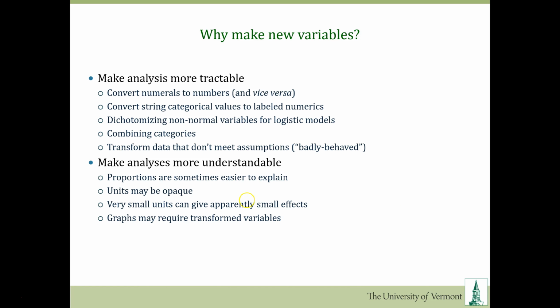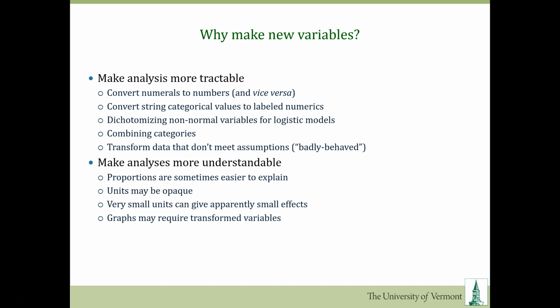Okay, why make new variables? Well, one main reason is to make our analysis more tractable. For instance, we might have string numerals that we want to do numeric analysis on, so we have to convert them to numbers. Sometimes we need to go the other way. We might have string categorical values that we need to turn into labeled categories. We might want to dichotomize or categorize non-normal variables for things like logistic models.